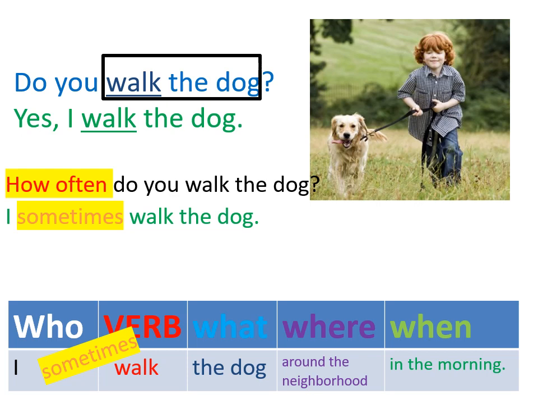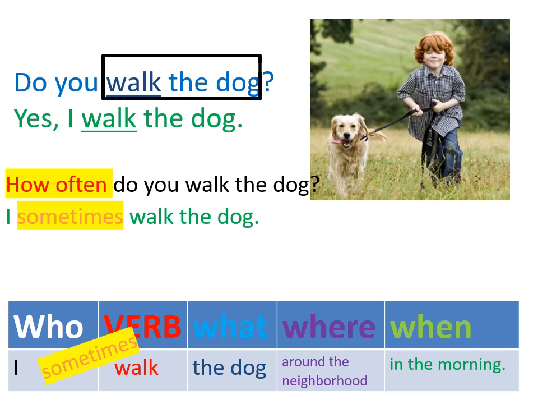But today we will add this part, how often, to the yes or no question. So here we have, how often do you walk the dog? One way to answer that is, I sometimes walk the dog.